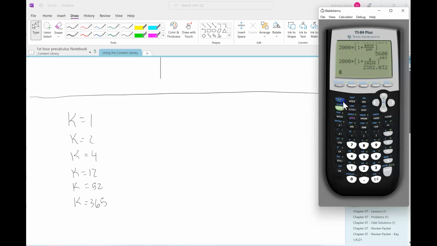Now, if I change the number of compounds per year, do you expect that number to be bigger or smaller? Bigger. Do you think going from 1 compound to 2 compounds is going to make a lot of difference or little difference? A little. Just a little. It'd make $6 a difference.